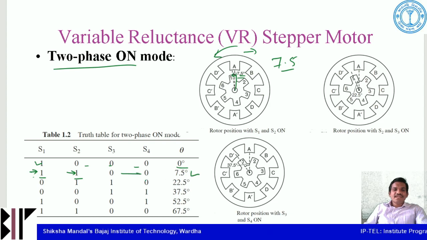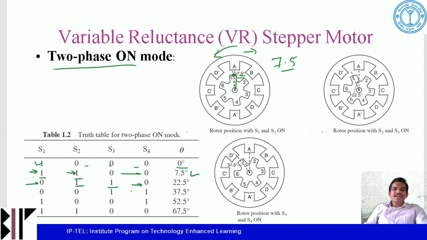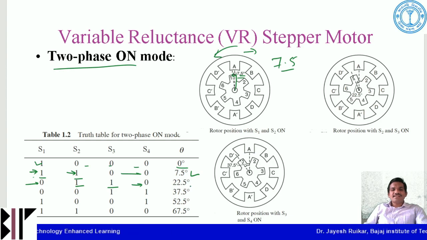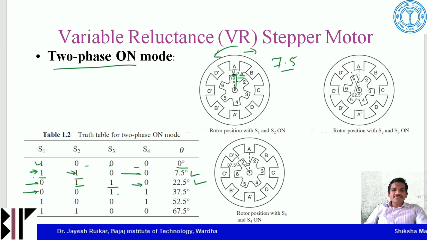In the next move, we will make S2 on and S3 on, and S1 off and S4 off. At that time we will again get a 15 degree step angle, so the total angle in this stepper motor is 22.5 degrees. In the next step, S3 will be on and S4 will be on, whereas S1 and S2 are off.